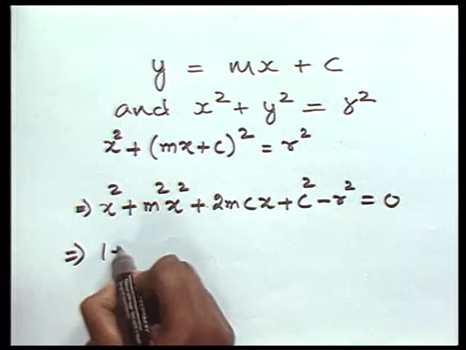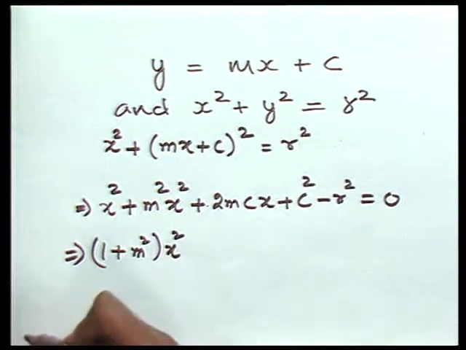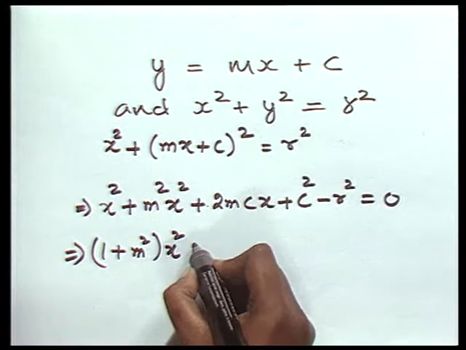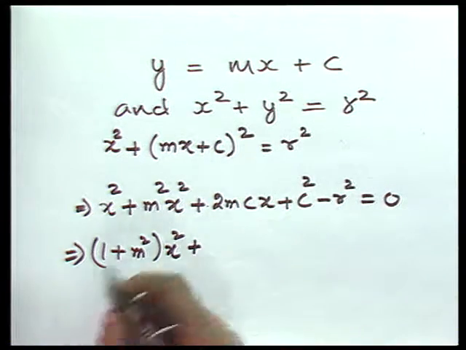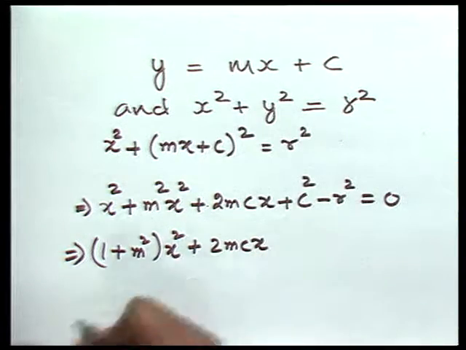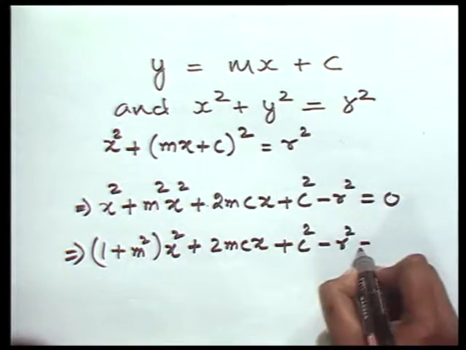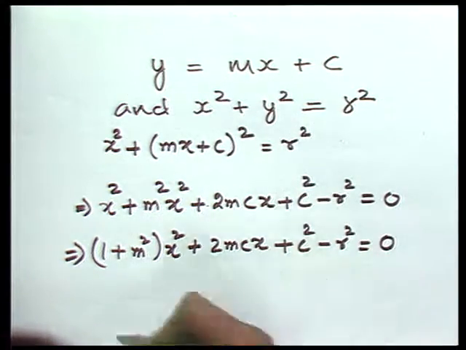From this we get 1 plus m square times x square, combining these two terms of x square, plus 2mcx plus c square minus r square equals 0.